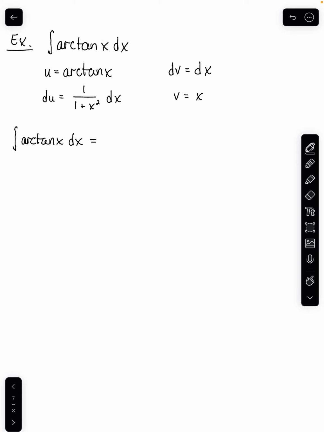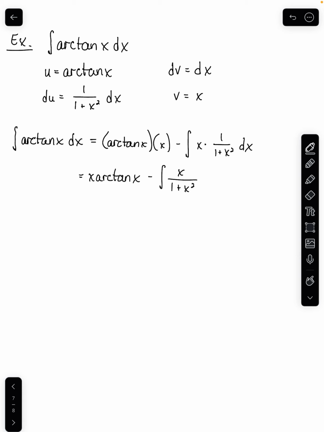So we have u, which is arctangent of x, times v, which is x, minus the integral of v, which is x, times du, which is 1 over 1 plus x squared dx. To clean this up just a little bit, we'll make the first term x times arctangent of x. And the second term, the integral there can be written as a single fraction, x over 1 plus x squared times dx.